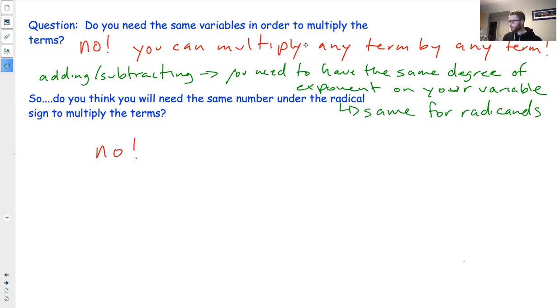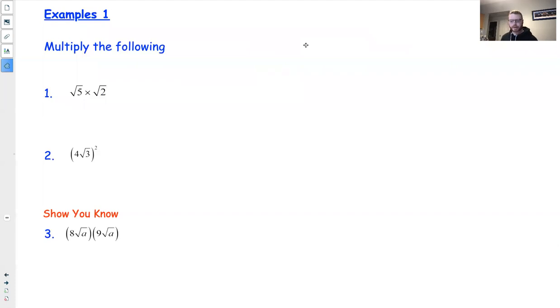All right, so let's get into some radical multiplication. Okay, so we have root 5 multiplied by root 2. We're just going to multiply the radicands together. So 5 times 2 gives us root 10.